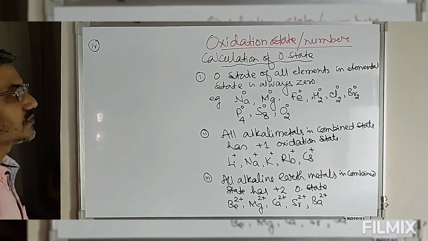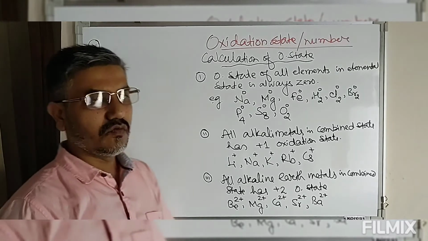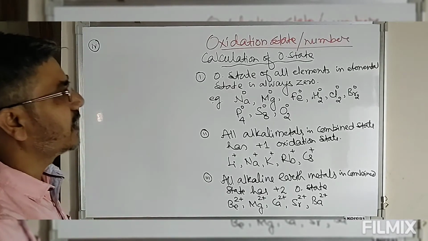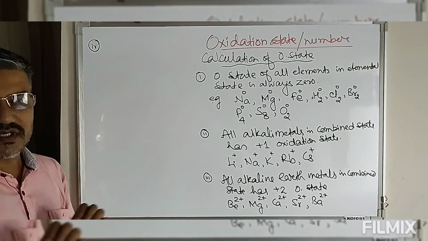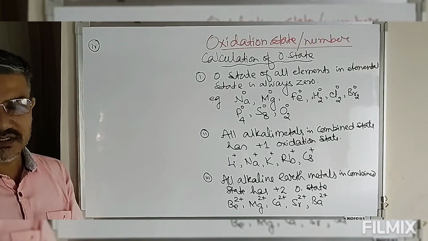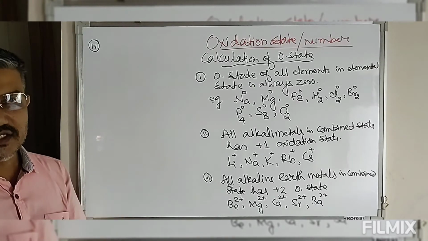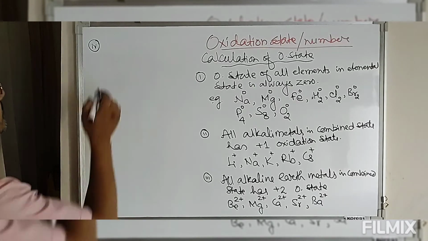Number 4, we take the halogens. When halogens combine, the most stable oxidation state of halogens, as a halide, is -1 oxidation state.